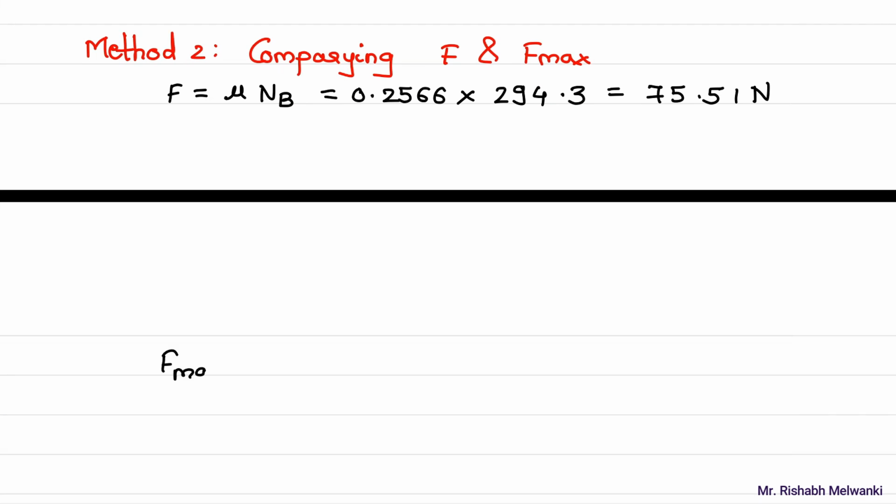F max is equal to mu into Nb. Now this mu will be the given mu, which is 0.35, into Nb which remains the same, 294.3. If I find this value, it comes out to be 103.005 Newton.